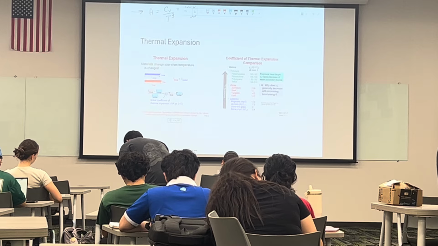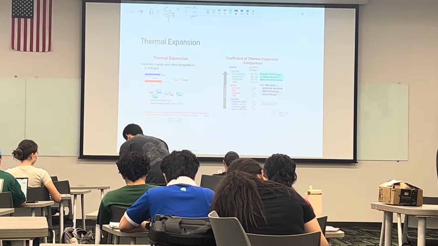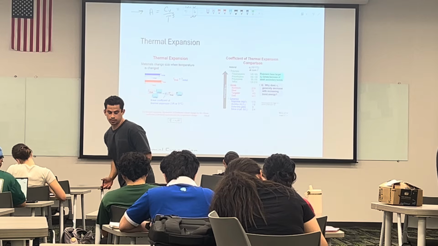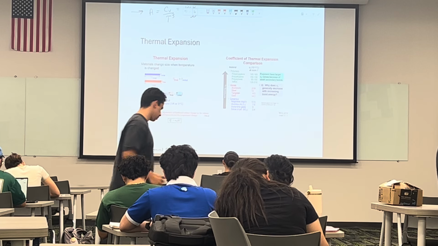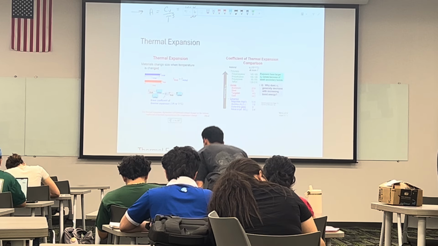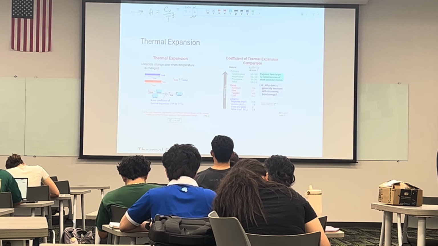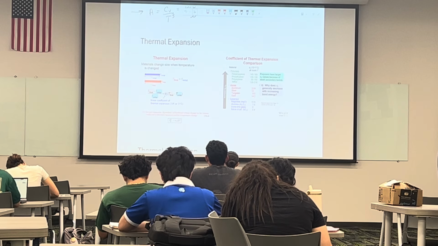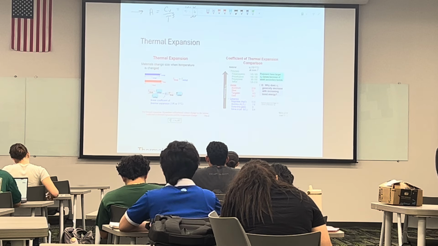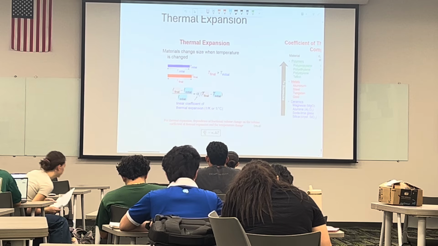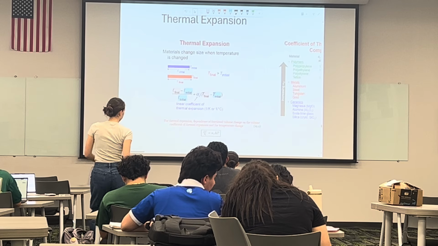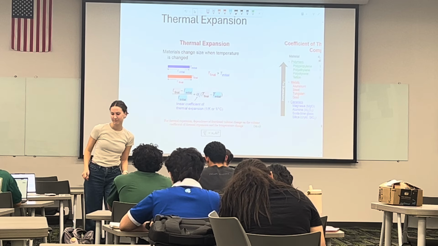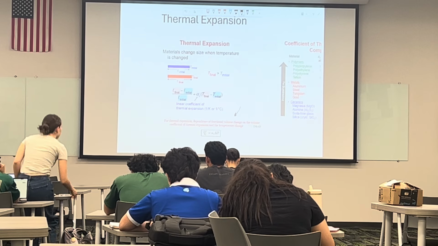Okay, so the next section that was gone over in your homework was thermal expansion. Essentially, in this section, you learn how most solid materials expand upon heating and contract when cooled, and the change of length with temperature for a solid material may be expressed either from this equation or this equation.